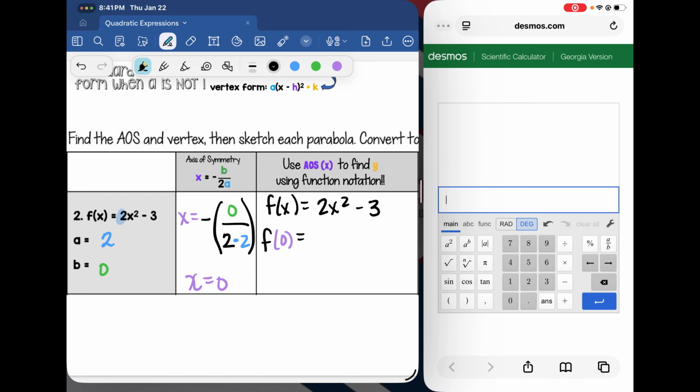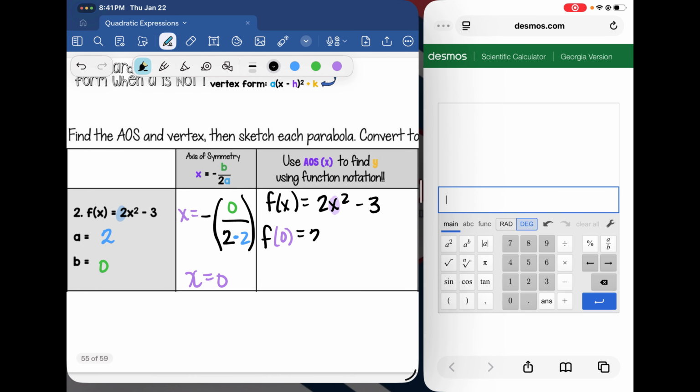Therefore, everywhere in my equation that I see an X, I am going to substitute the number 0. And so we get 2 times 0 squared minus 3. Use your calculator like I did in the example before so you can find the value. So 2 times 0 squared minus 3.